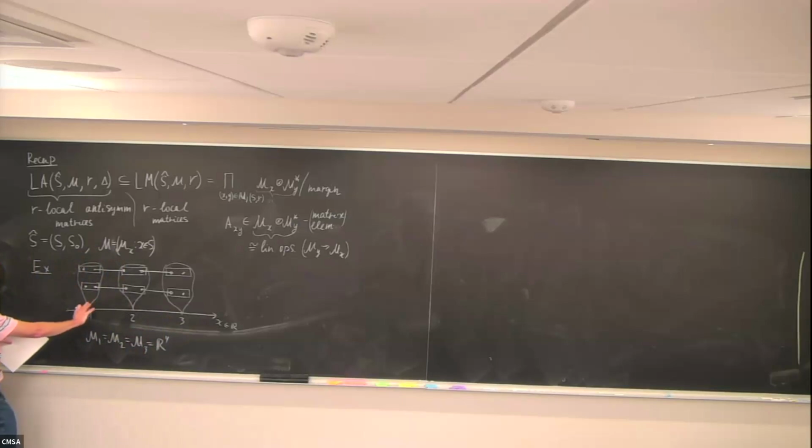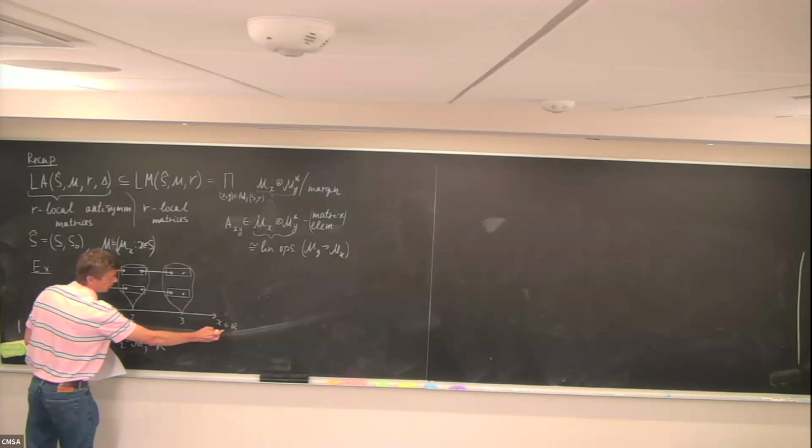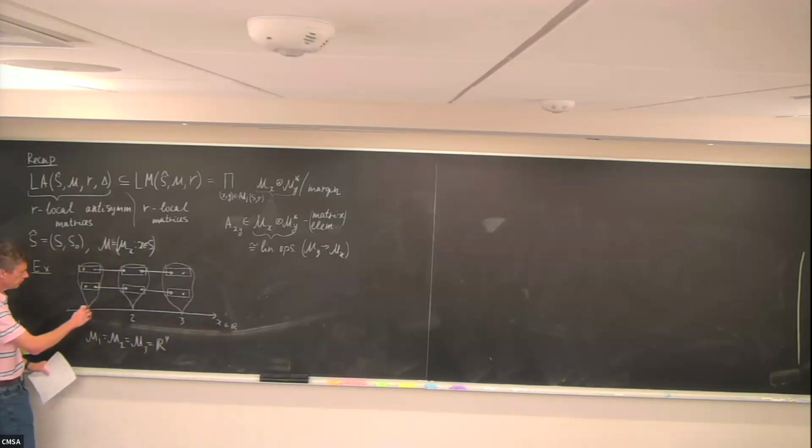This is an example where we have 3 points, 1, 2, and 3. These are elements of R. I'll use pictures to denote matrices because otherwise it would be too long and maybe less clear.